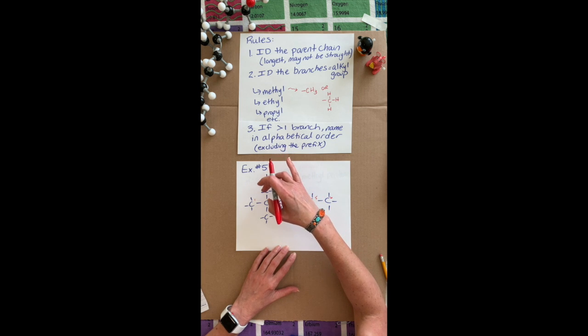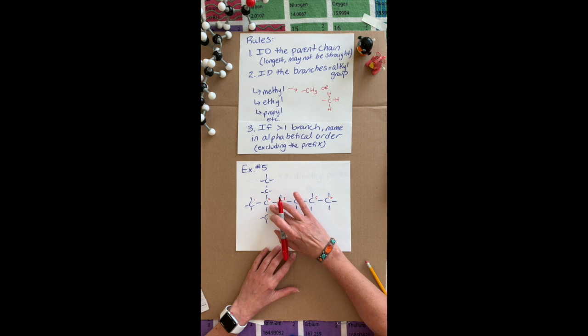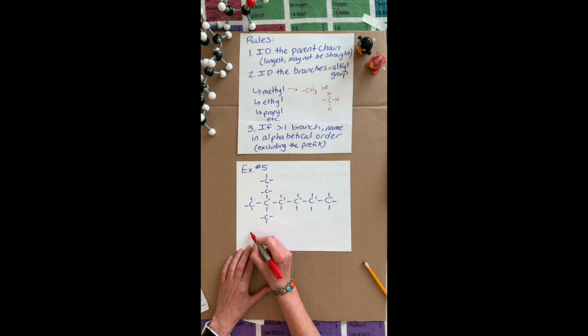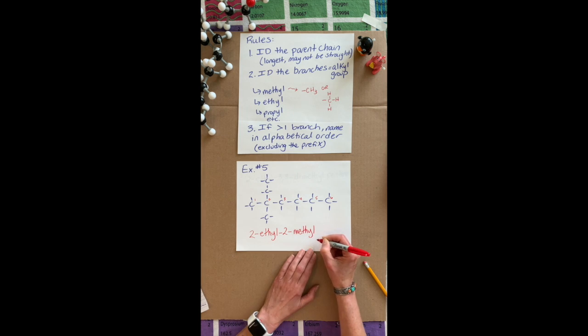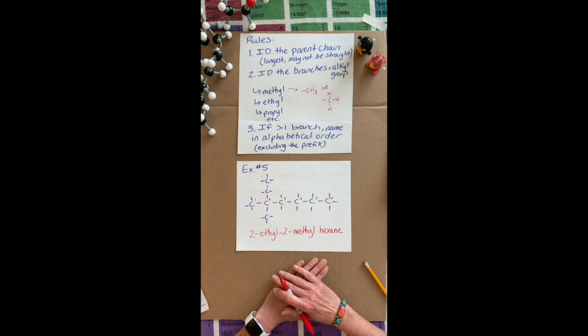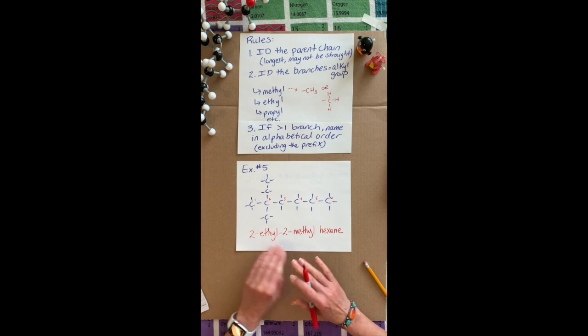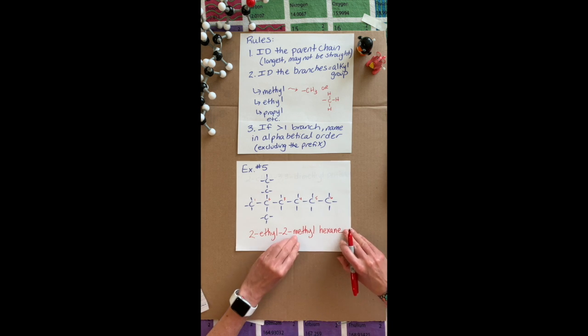And ethyl is located on the 2nd carbon. And actually, so is the methyl. So we're going to do it this way. We're going to say 2-ethyl dash 2-methyl. And what is that? A hexane.